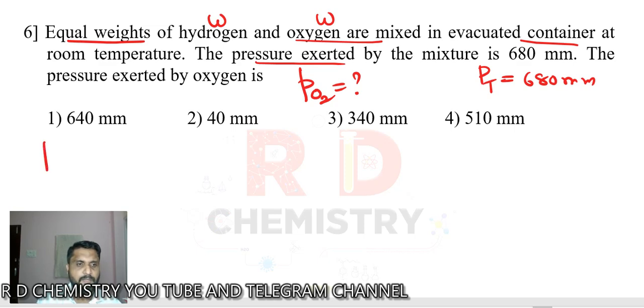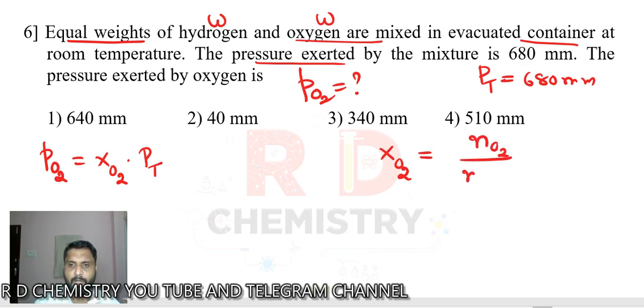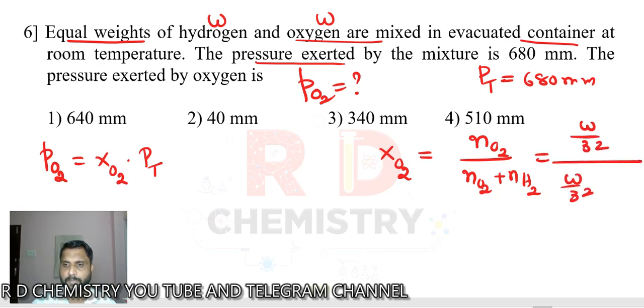So how to calculate partial pressure? Partial pressure of any component is equal to the mole fraction of that component times the total pressure. So what we'll do now, we'll calculate the mole fraction of O2. Number of moles of O2 divided by number of moles of O2 plus number of moles of hydrogen, correct? How to calculate number of moles? Given mass divided by molecular mass. Given mass W, molar mass 32, divided by W divided by 32 plus W divided by 2 for hydrogen. Therefore W divided by 32 whole, 32 is common.